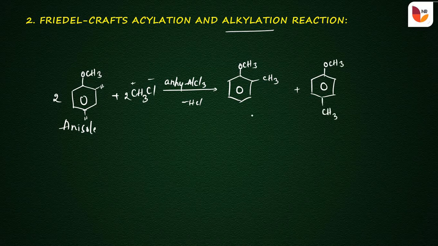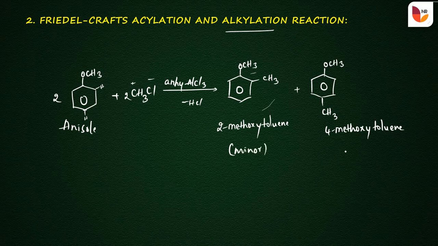So it is called 2-methoxy toluene, and this is called 4-methoxy toluene. So it is the minor product and it is the major product.